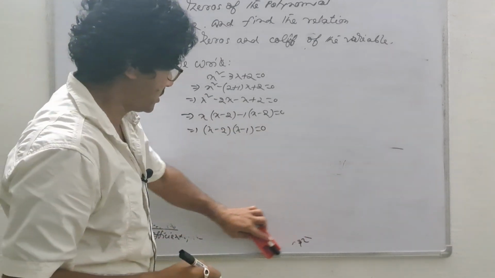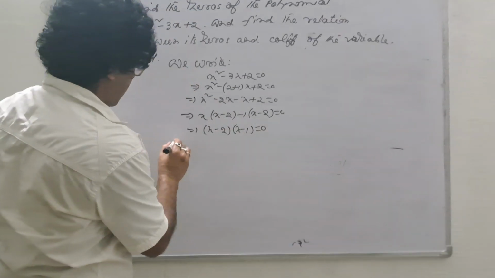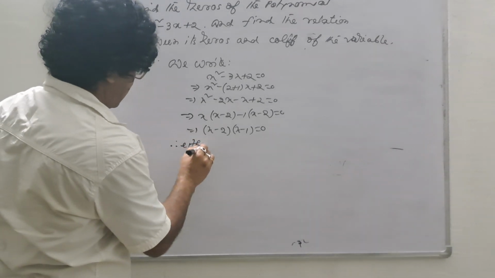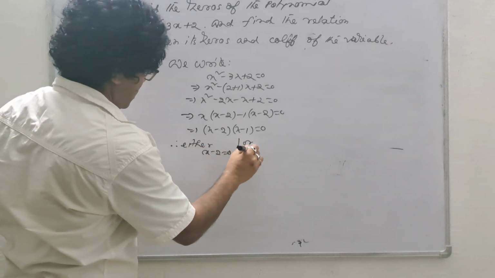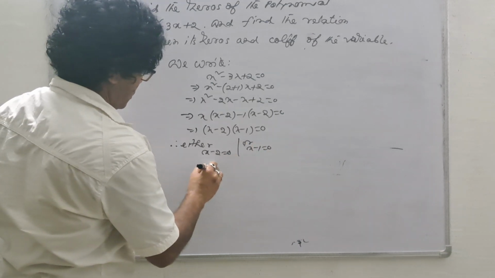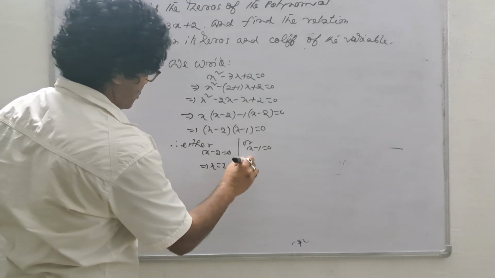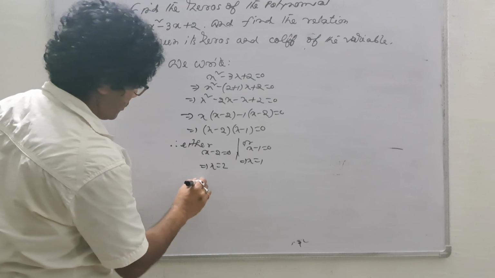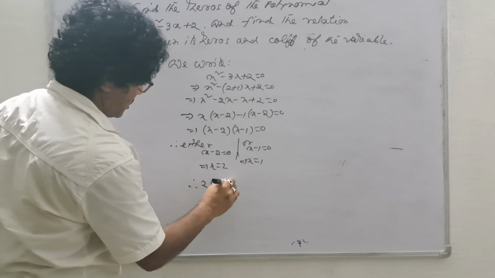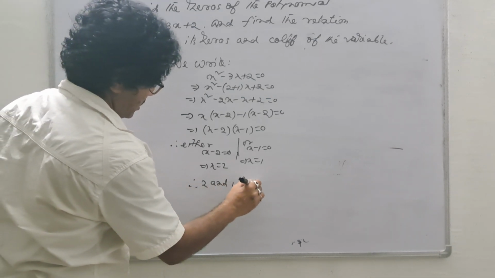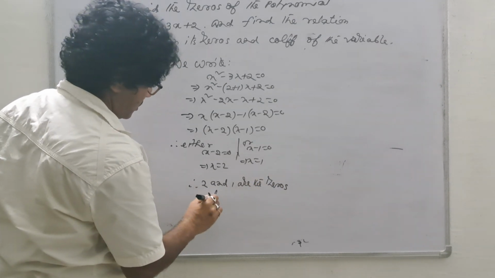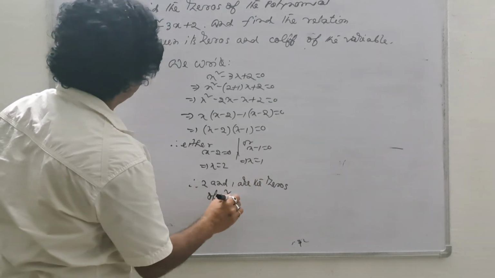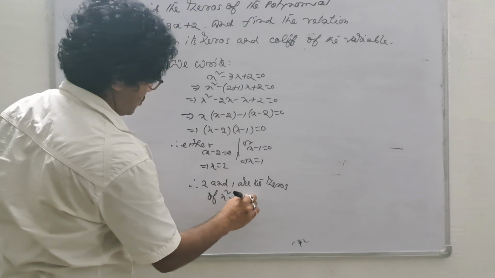That is, either x minus 2 is equal to 0 or x minus 1 is equal to 0. That is x is equal to 2, x is equal to 1. Therefore, 2 and 1 are the zeros of x squared minus 3x plus 2.